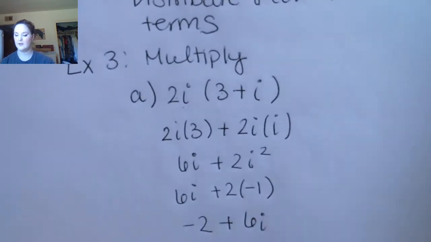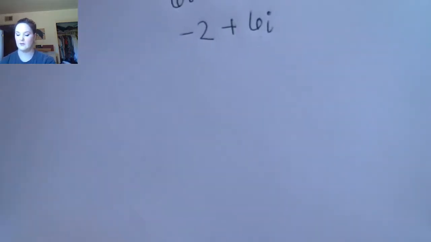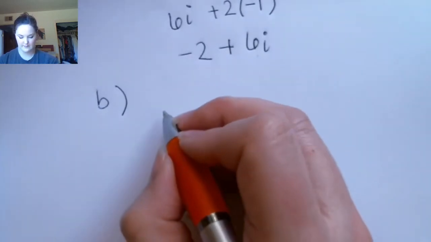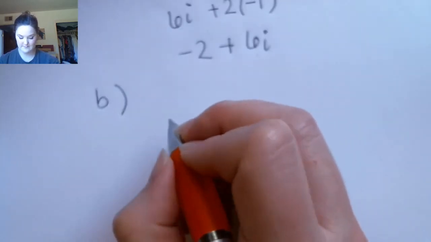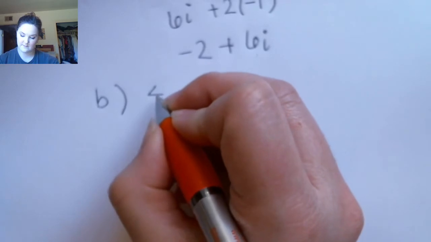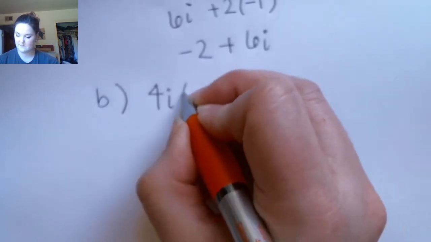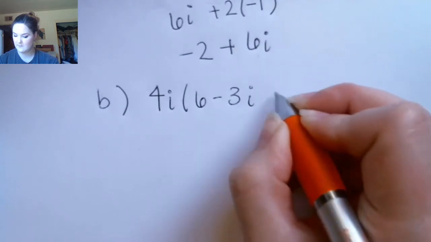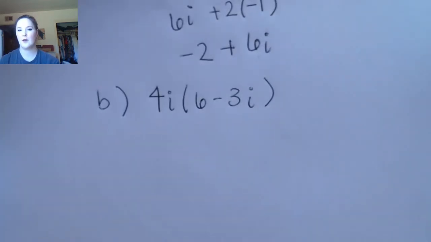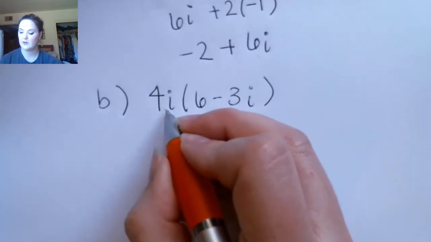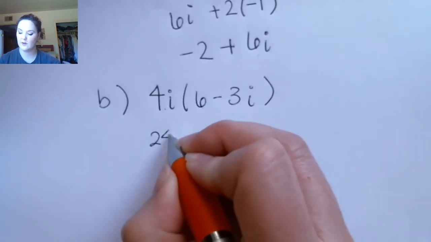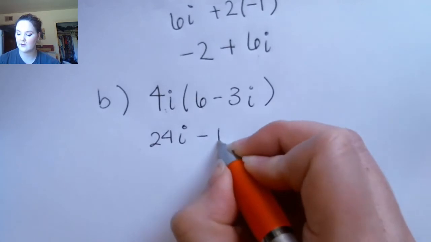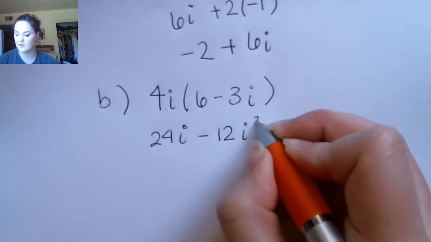Let's look at some more multiplication. Again we're going to distribute. So 4i times 6 is 24i. 4i times negative 3i is negative 12i squared.